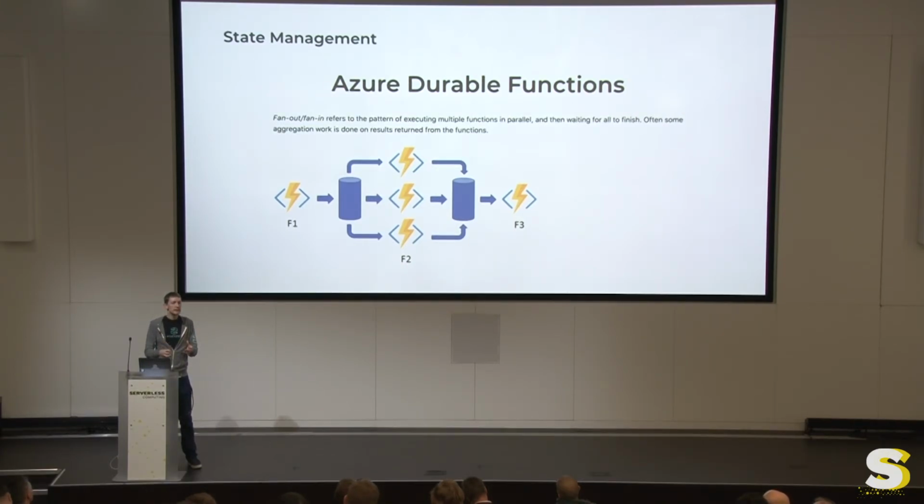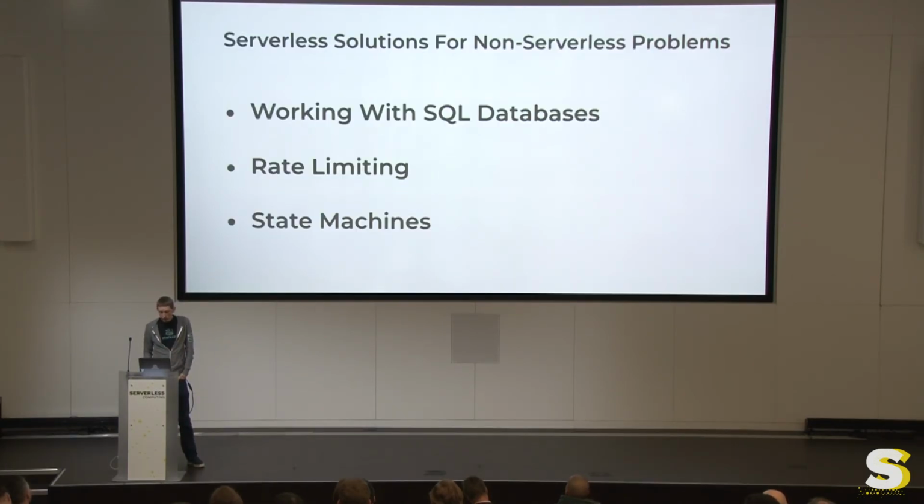And because it's a client library and not a service, you have the ability to decide what levels of logging and scalability concerns you want to deal with to control cost. So it's very flexible.